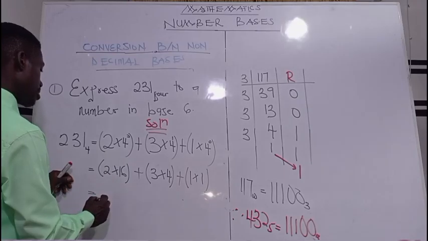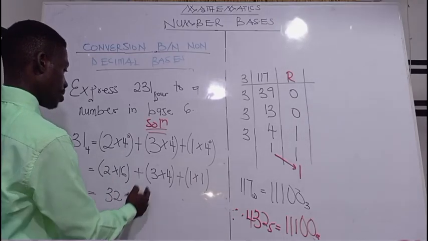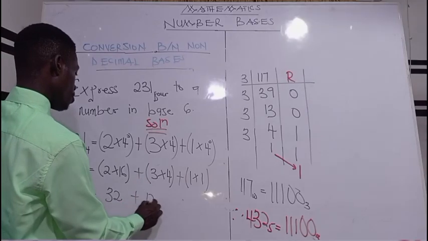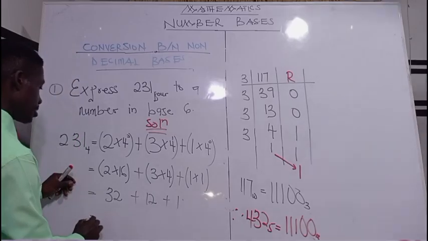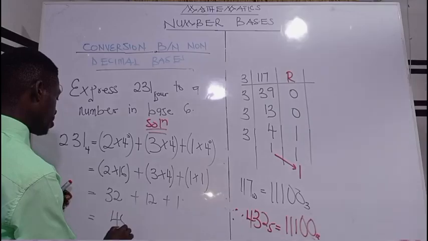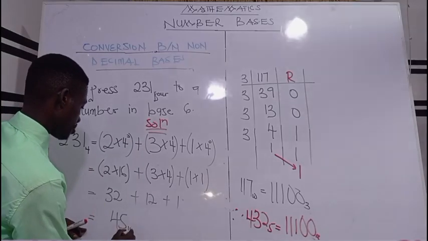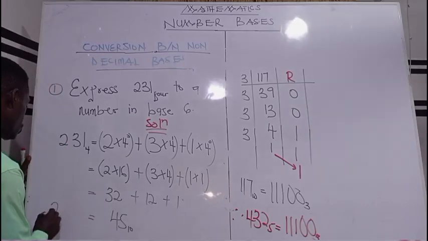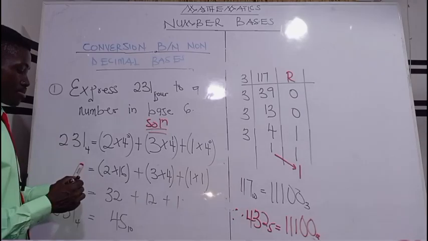So we have 2 times 16 will give you 32. 3 times 4 will give you 12. 1 times 1 will give you 1. So the whole of this is going to give you 45. 45 in base what? Base 10. So we have 231 base 4 is equal to 45 base 10.